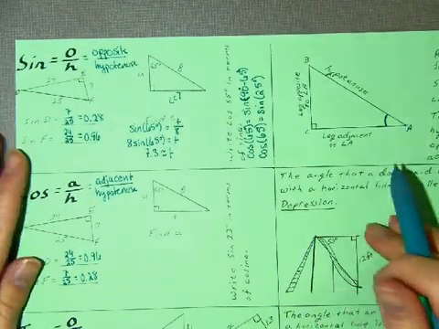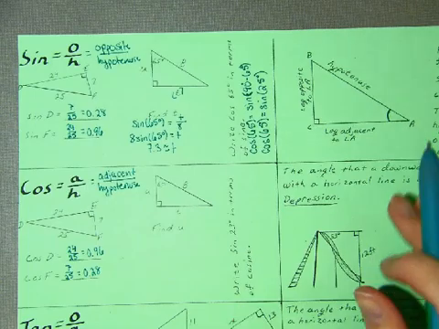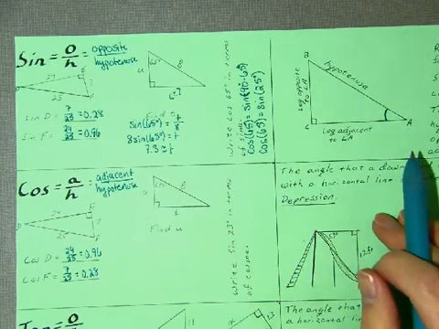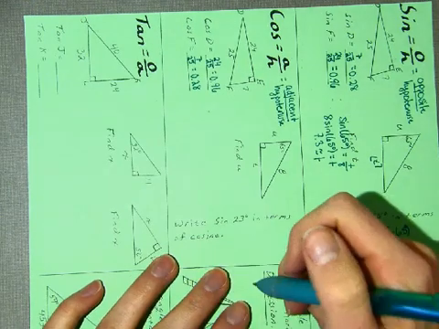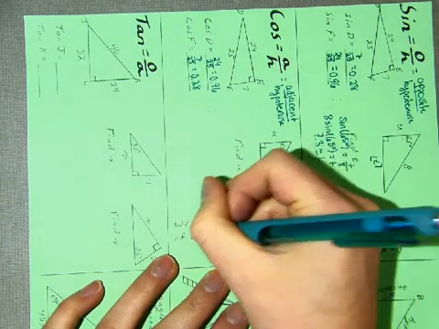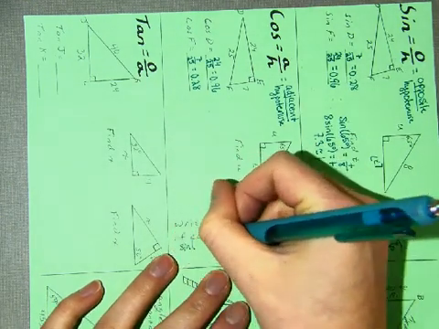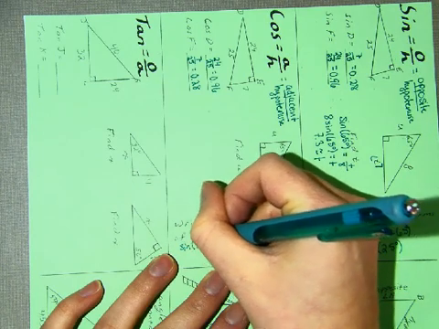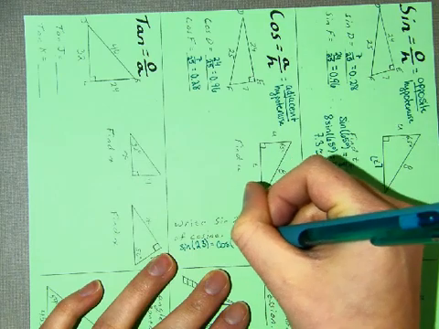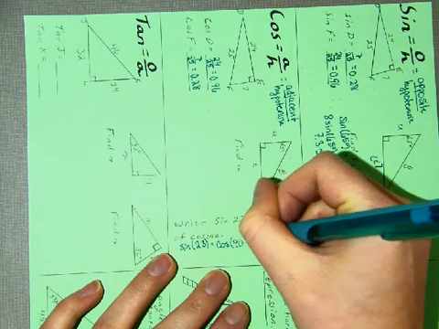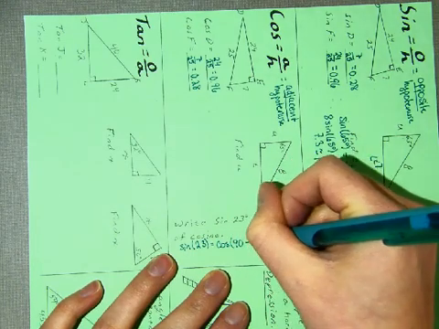So here, let's go ahead and write sine of 23 degrees in terms of cosine, and then we'll go back and find that missing side length. So we have sine of 23 equals cosine of 90 minus 23.